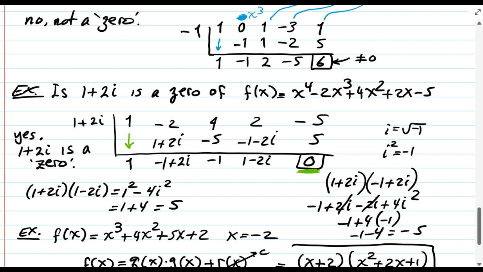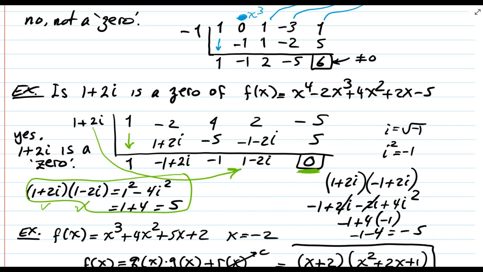And what I'm doing here is showing you that if you multiply a complex number and its conjugate, the product is 5. This was meant to help you with this product right there. And that's how I got the 5 that goes here.